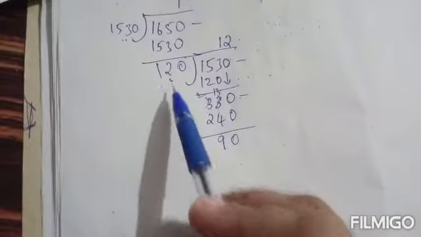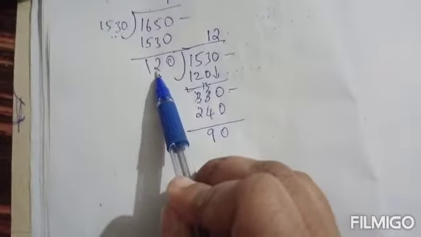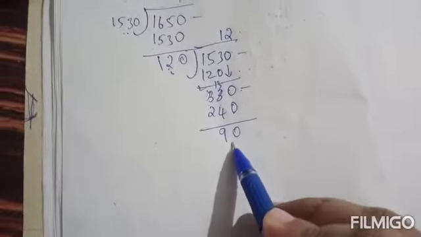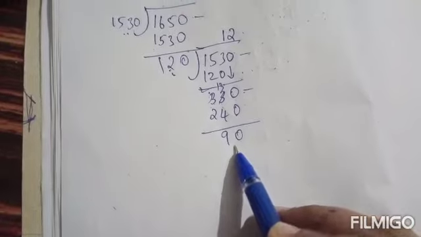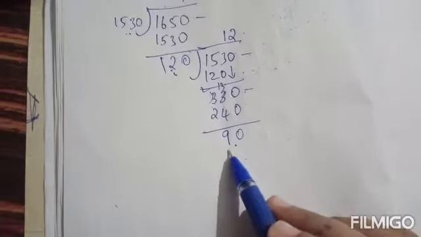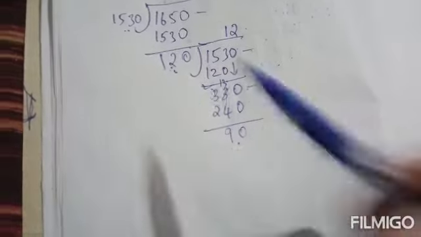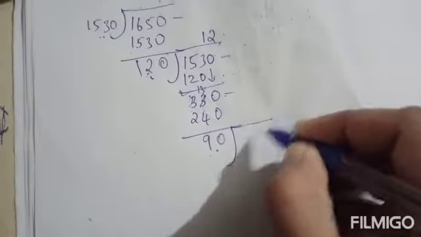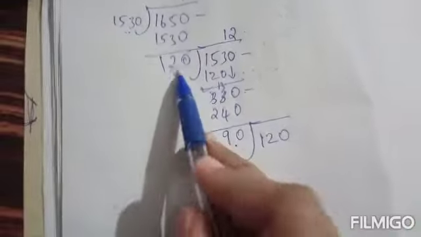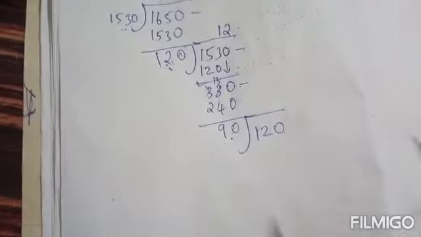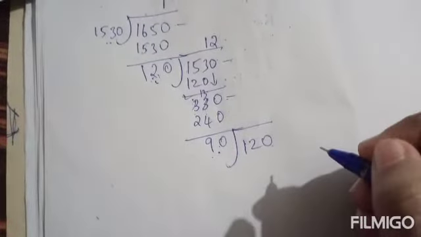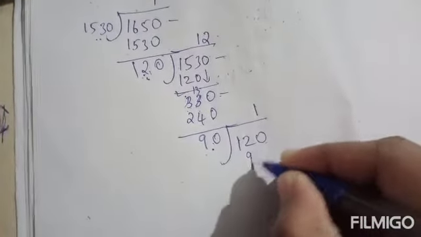Now divide 120 by this remainder 90. 90 is the remainder, so that will become the divisor. The last divisor is 120, so that will become the dividend. Okay, divide 120 by 90. So what you will get? 90 into 1, 90.